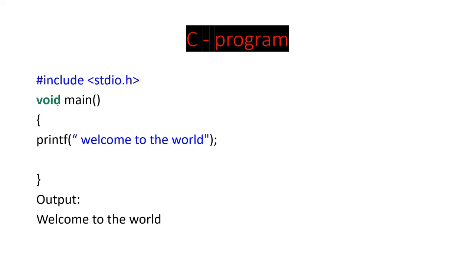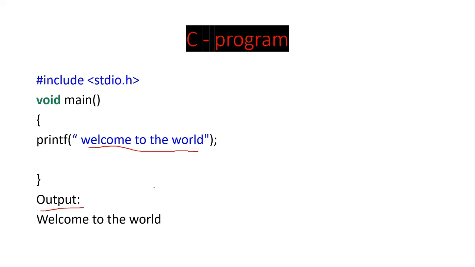Here void is the return type or data type, and main is the function. Next printf is the printing function. The statement within the double quotations is the statement which you have to write, so the output is welcome to the world. So this is a simple structure of C programming, so you can easily understand with this.